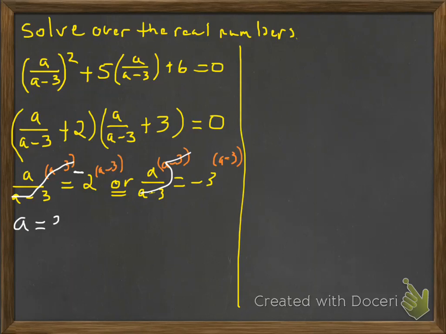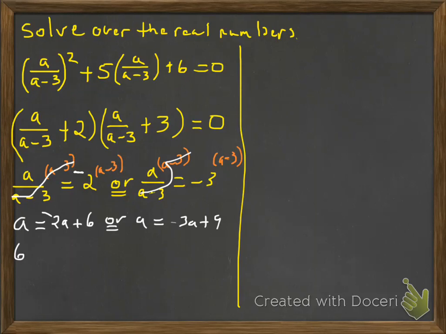We're going to distribute that minus 2 through, so we'll get minus 2a and plus 6. And then on the other one, the a minus 3 is absorbed, and we just have a equals, and then distribute that minus 3, minus a plus 9.